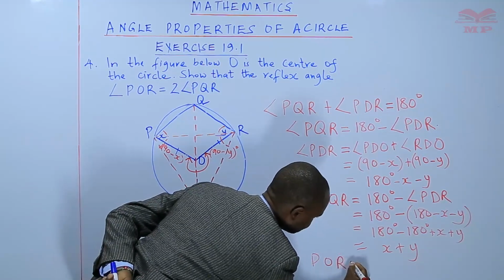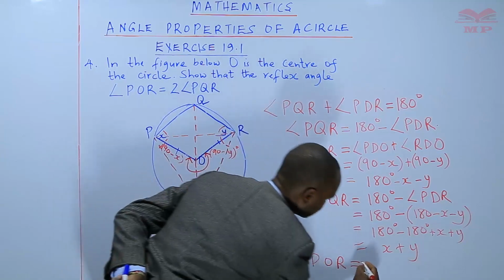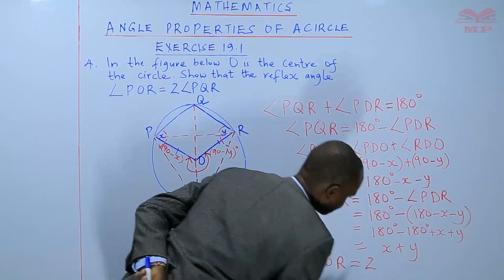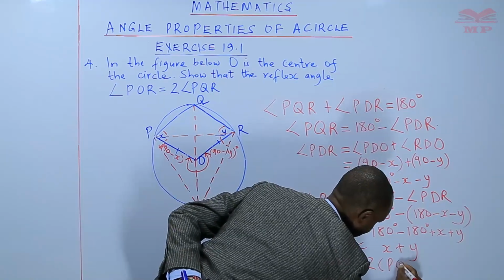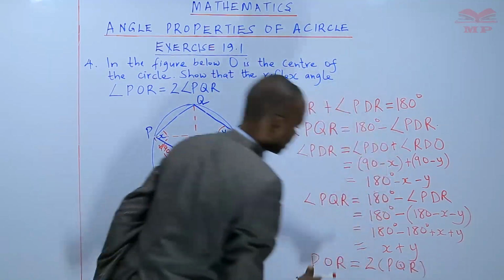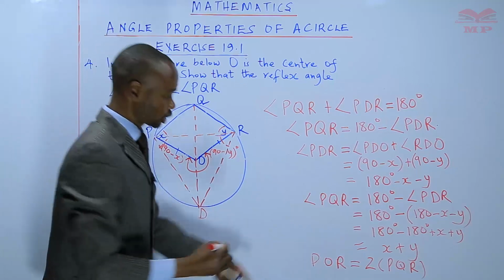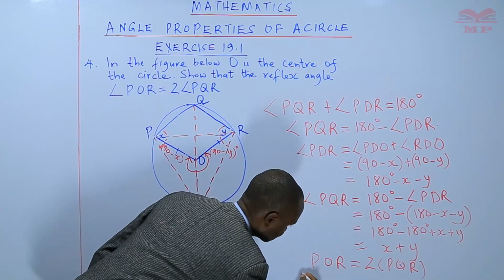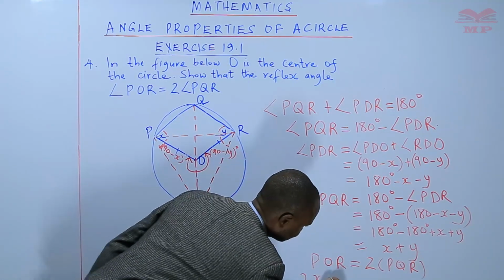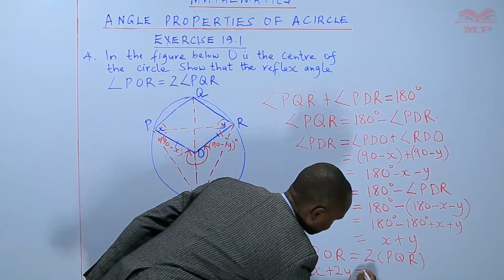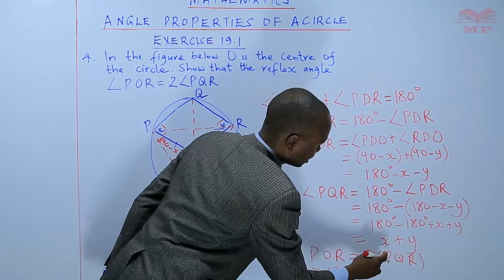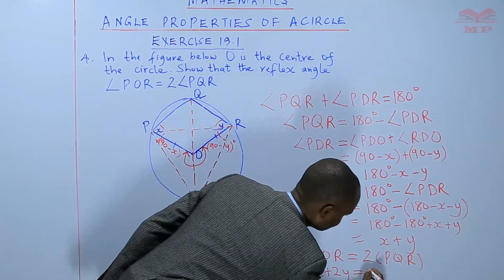POR is equal to twice PQR. You'll substitute in whatever you get. We got POR is 2x plus 2y, is equal to twice PQR.